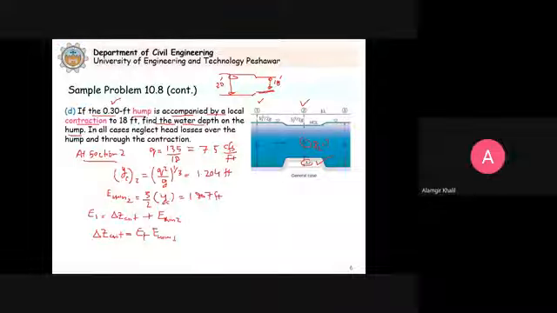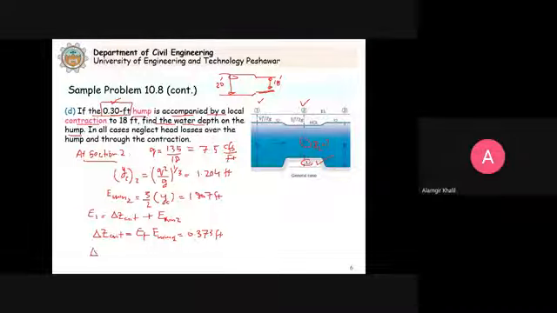You put the values, so we get this as equal to 0.373 feet. Now you can see the given hump height is 0.3 feet. If we want to have critical depth at the second section, then the hump height should be 0.373 or greater than that.